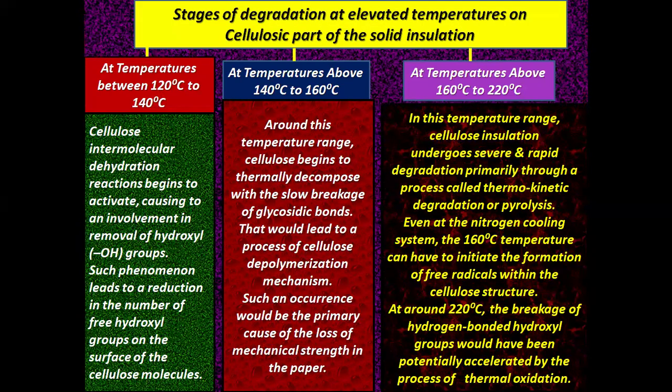Stages of degradation at elevated temperatures on the cellulose part of the solid insulation. At temperatures between 120 degrees centigrade and 140 degrees centigrade, cellulose intermolecular dehydration reactions begin to activate, involving the removal of hydroxyl groups, OH groups.